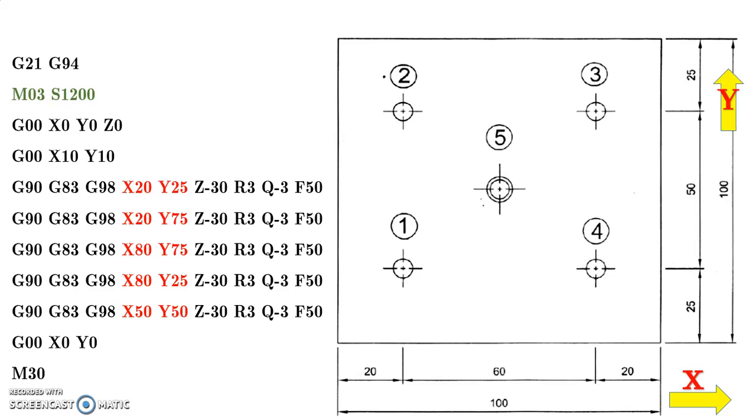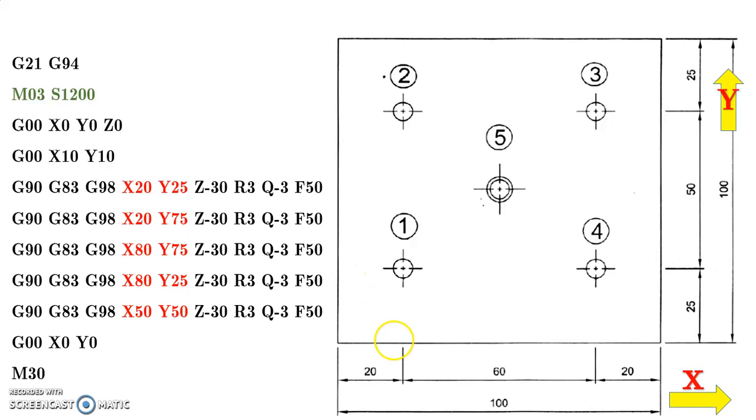Then G90 is to follow absolute position, and G83 to initiate the peck drill, and G98 to retract the tool to the start position. That means if we put the code G98, the tool will follow the Q pattern. After reaching the Q value, it will go back to the R position, then it will again repeat the process.